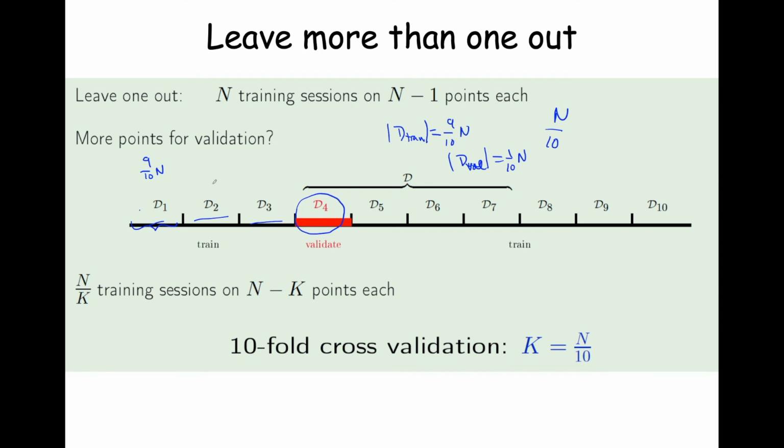And so then when you compute your cross-validation error, E CV, it's just the average over the number of folds. So the number of folds is going to be K, which is 10 for 10-fold cross-validation. And then F, the fold, goes from 1 to 10 in this case.